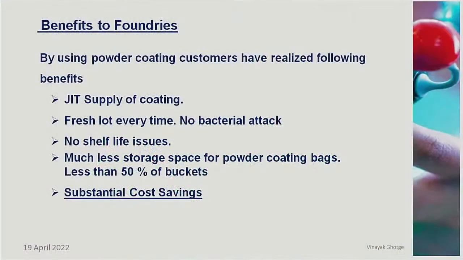So benefits to the foundries using powder coating technology is just-in-time supply of coating, fresh lot of coating every time, no bacterial attack, no shelf life issues, very less storage space required, and substantial cost savings, which is most attractive to most of the foundries.